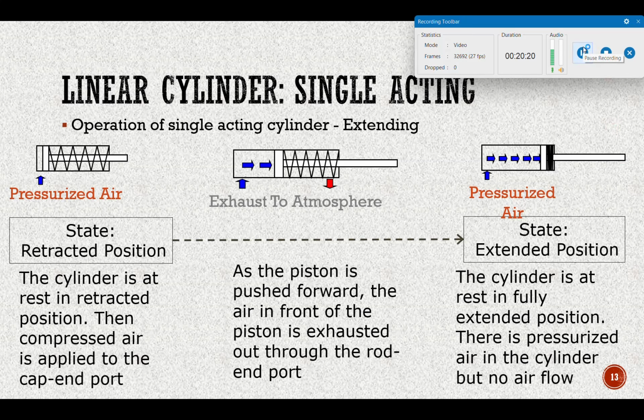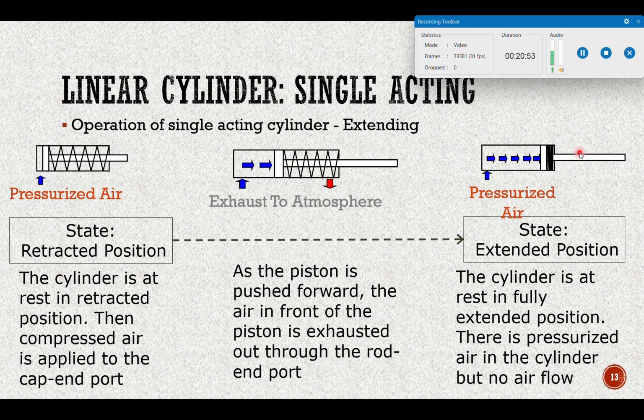Okay. So now we're going to look into the operation of a single acting cylinder. Basically, I'm going to re-explain what you've seen in the video just now. We have pressurized air that goes in one port and then it will exhaust to atmosphere. The air inside here would come out, and this pressurized air would move the piston, extending it.